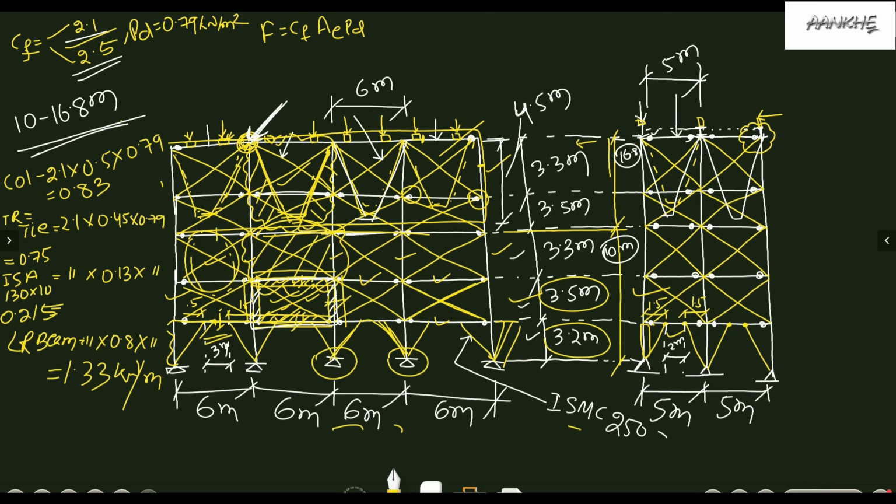Okay, and height is same 4.5 for both, and the reduced area here is only 0.6 meter.